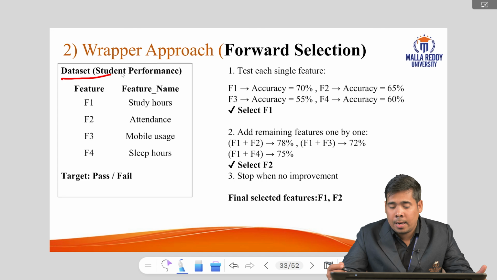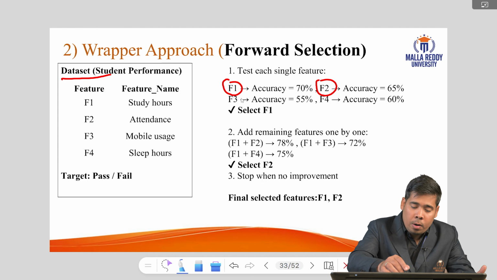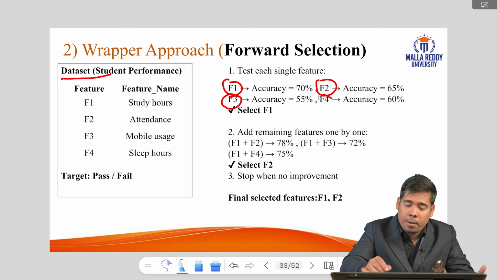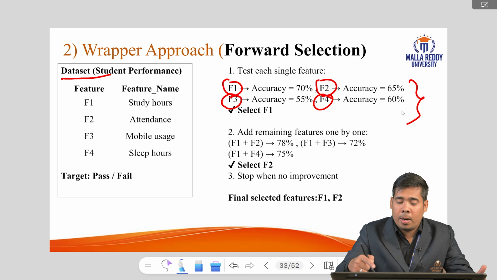At the start, we'll find the accuracy of the model on only feature 1, only feature 2, only feature 3, or only feature 4, and from there we select the feature that gives maximum accuracy.